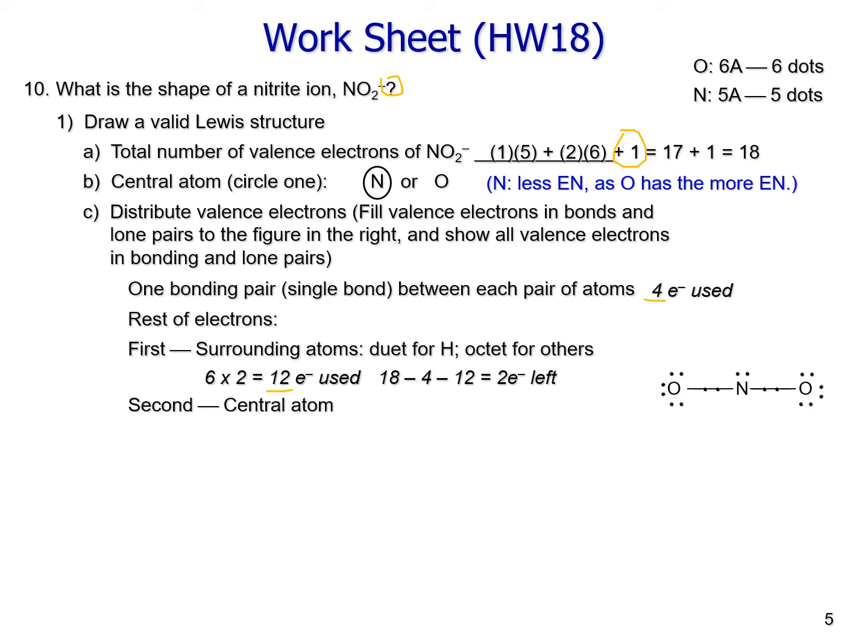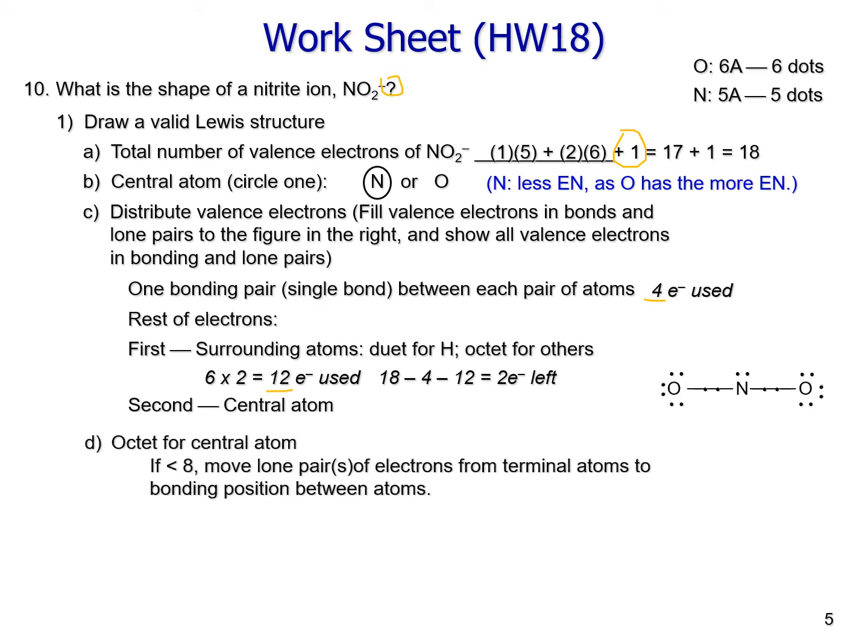Is nitrogen an octet yet? Apparently not. That means one lone pair of oxygen has to go to the bonding position. Say the bottom lone pair of electrons from the oxygen on the right goes to the bonding position.